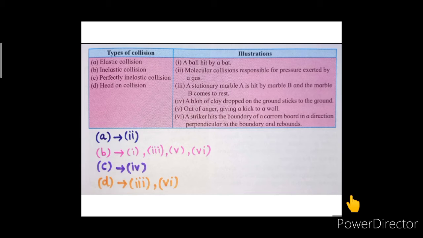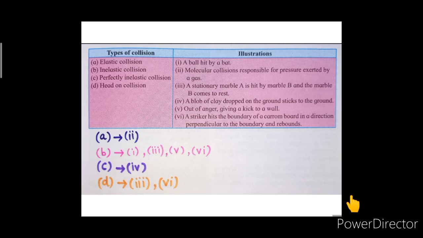Now, for B, which is the inelastic collision, only the conservation of linear momentum takes place in a system of colliding bodies. Their kinetic energies will not be the same. The kinetic energy before and after the collision is different. Such a collision is said to be the inelastic collision.